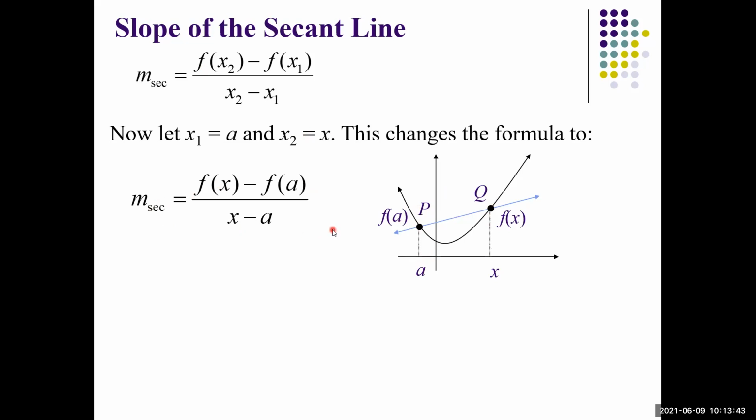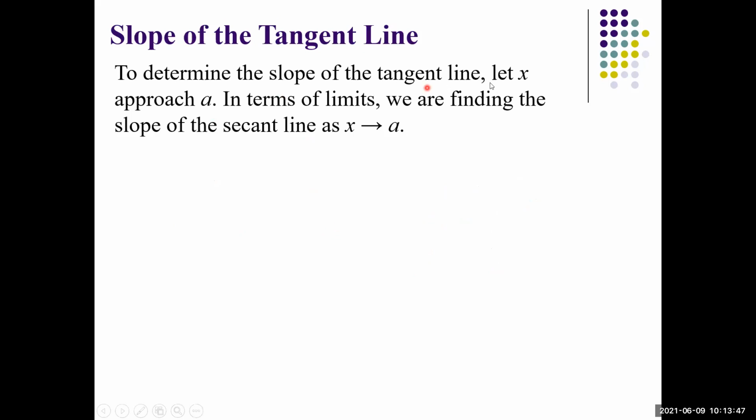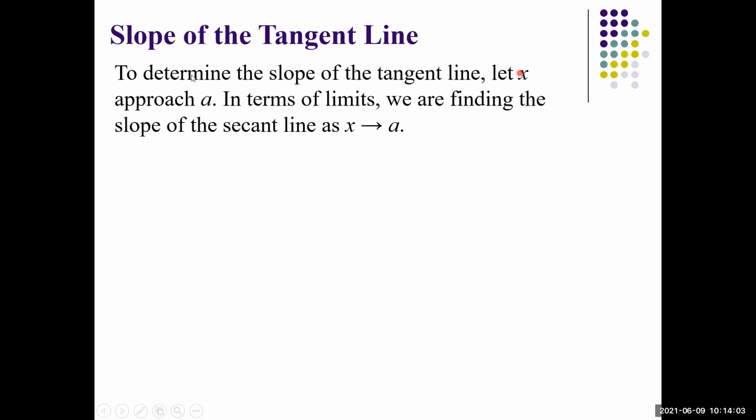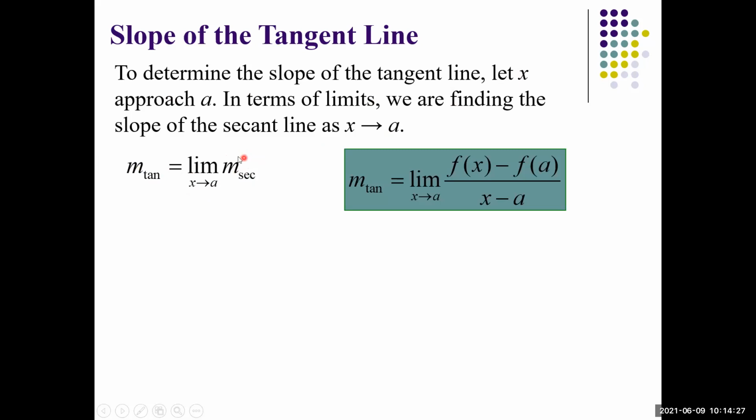Then we're going to find the slope of the tangent line. To determine the slope of the tangent line, we let x approach A. Recall, we want Q to get closer and closer to P, and therefore the x coordinate of Q is getting closer and closer to A. So that is x approaching A. In terms of limits, we are finding the limit of the slope of the secant line as x approaches A. Formally, the slope of the tangent equals the limit of the slope of the secant as x approaches A, and the slope of the secant line from the previous slide is f of x minus f of A over x minus A. So now we have the slope of the tangent line formula.